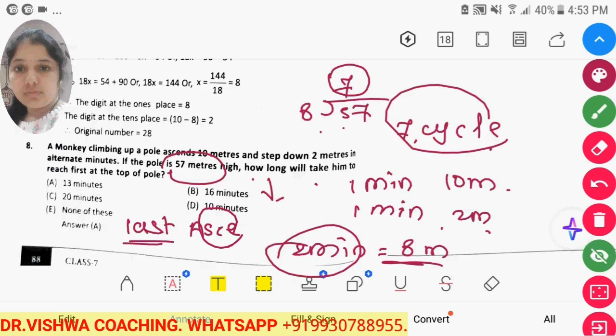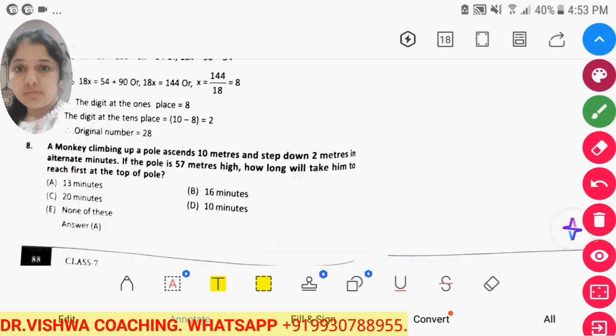So 7 twos are 14, but the nearest to 14 is 13. So he will take 13 minutes to climb up that pole.